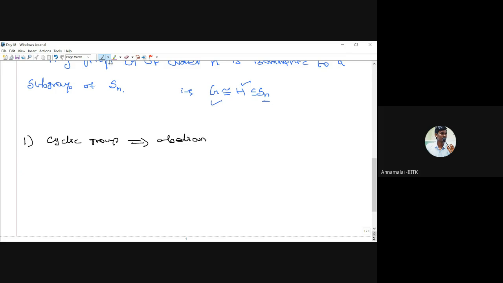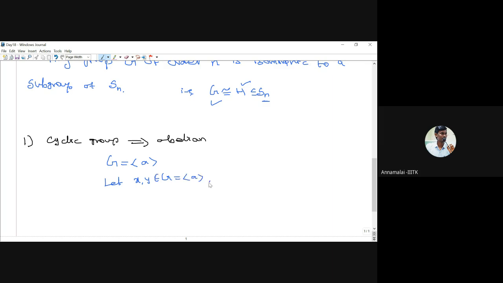Why? The proof is simple. Suppose G is a cyclic group, therefore it is generated by some single element, maybe we call it a. Now we have to prove that G is abelian. That means if we take any two elements x, y, the commutative property is satisfied: xy equals yx. Take two elements x, y in the group G. But G is generated by the single element a.